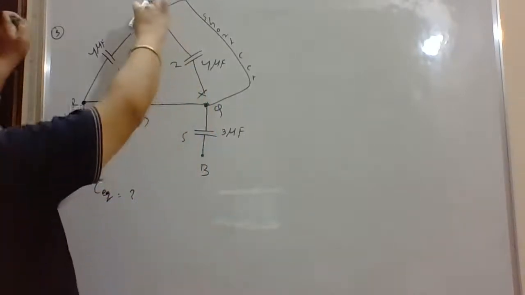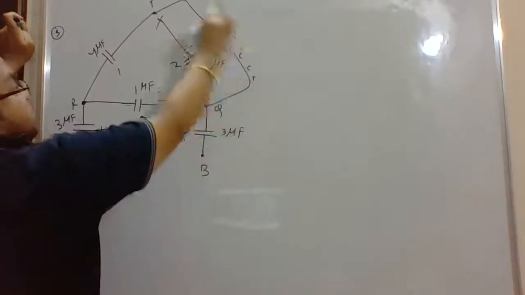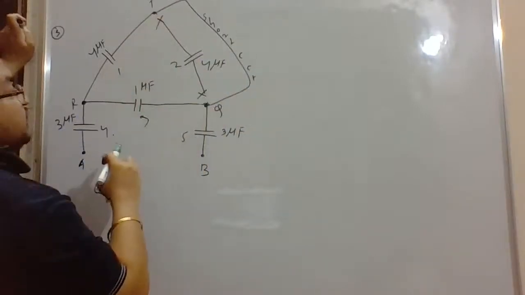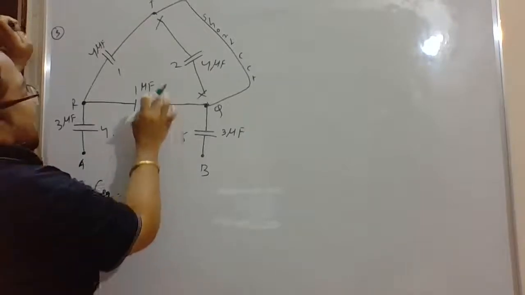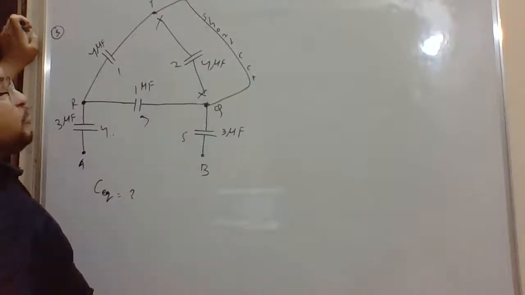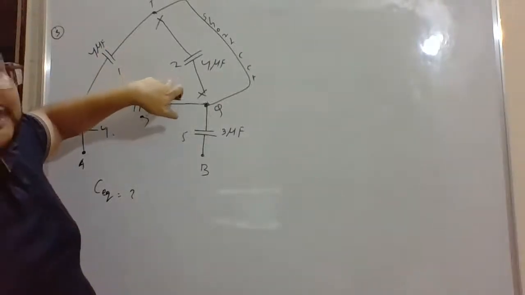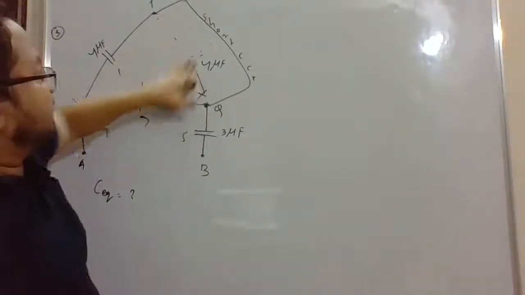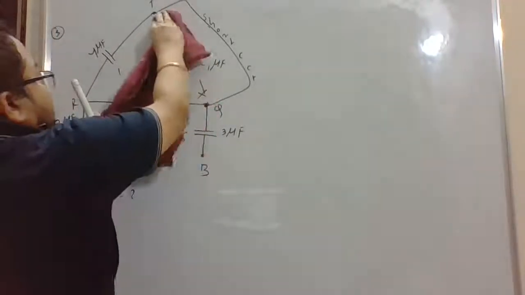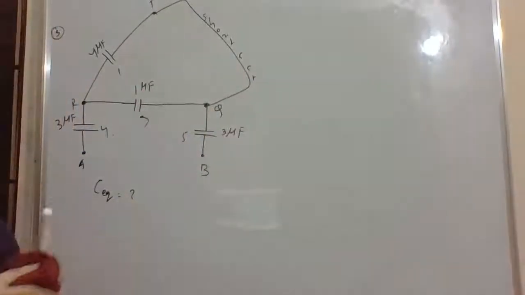Between point P and Q, when you have a complete resistance-less connection, the moment you get a no resistance path, entire charge will flow through this and no charge will flow through this limb. If this capacitor gets no charge, it's a useless capacitor in this circuit, which means you can happily remove it. So let's remove it. It is just there to show you as an illusion and create confusion. So remove this capacitor.